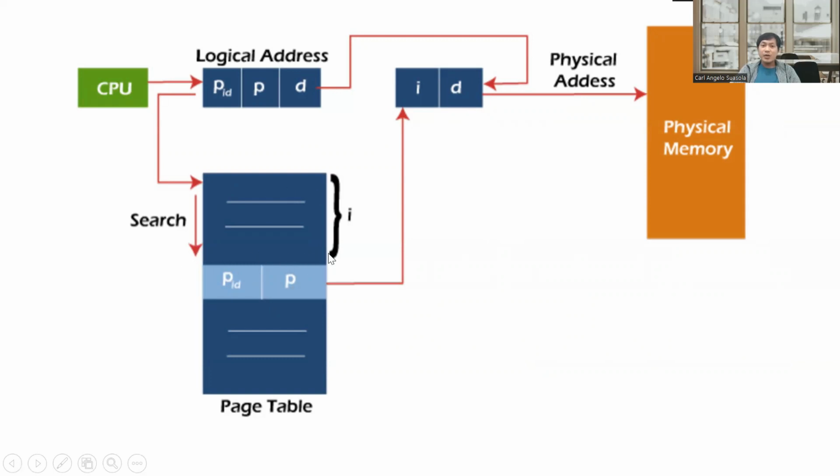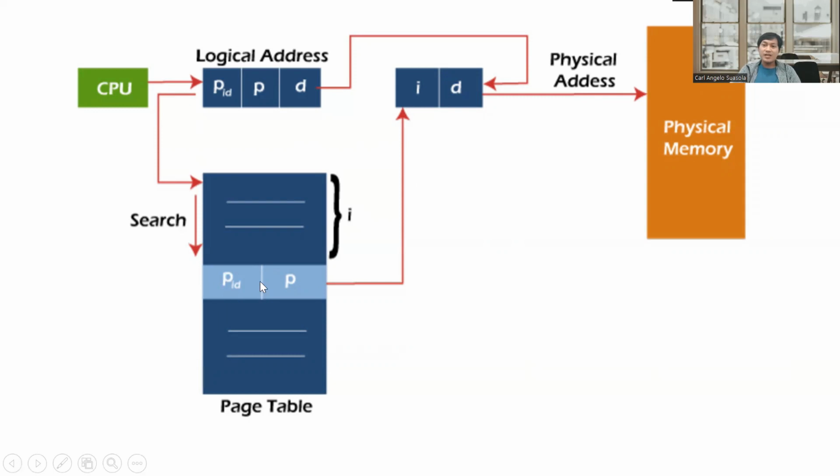After that searching, it will indicate an i, which is used as the frame number, for locating the frame. So i would be a frame number, together with the offset, to get the specific location of the instruction in physical memory.